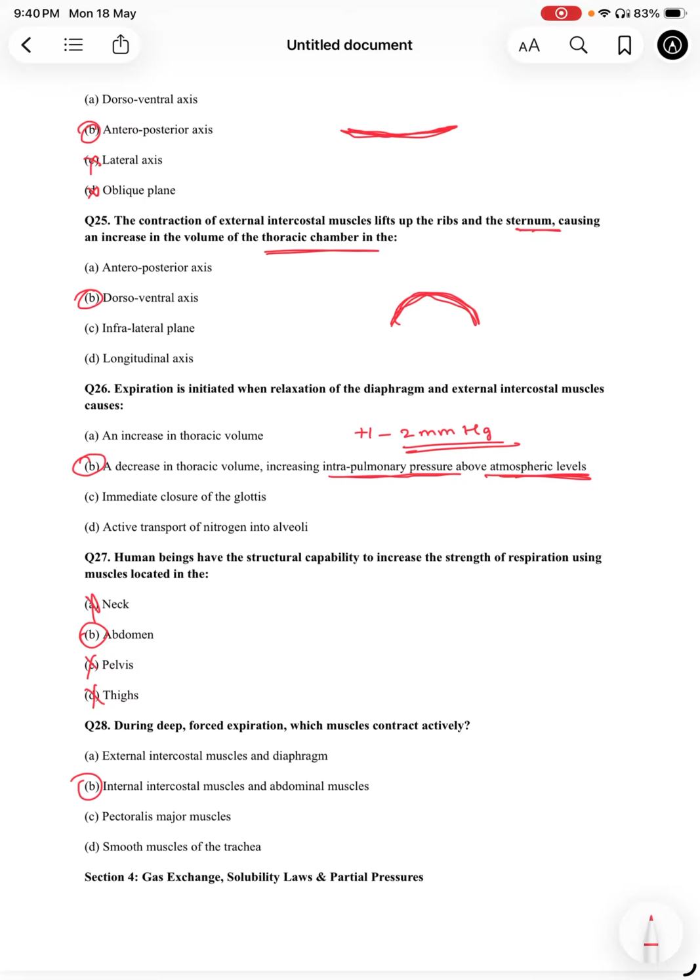Now the next section we are going into is gas exchange, solubility, laws and partial pressure. Pressure contributed by an individual gas in a mixture of gases is known as: First, we know that in Dalton's law, there's something known as the individual pressure contribution of a specific gas.